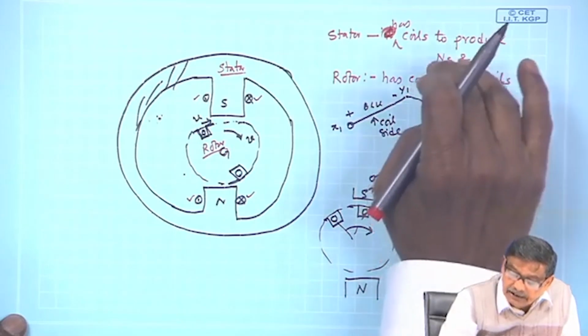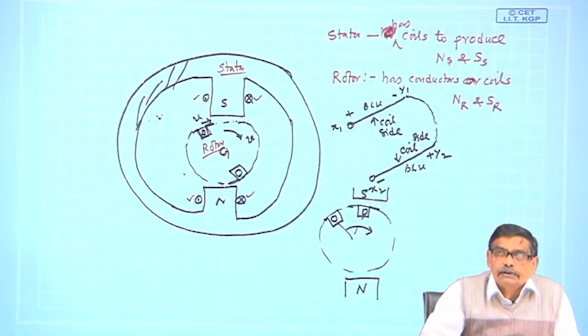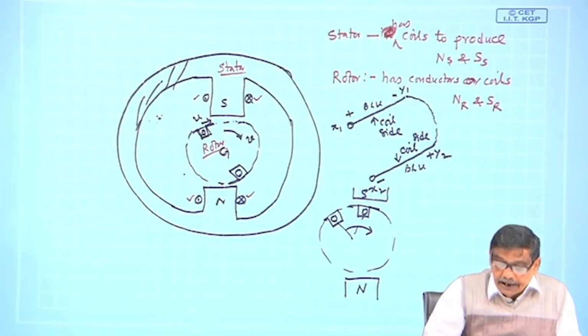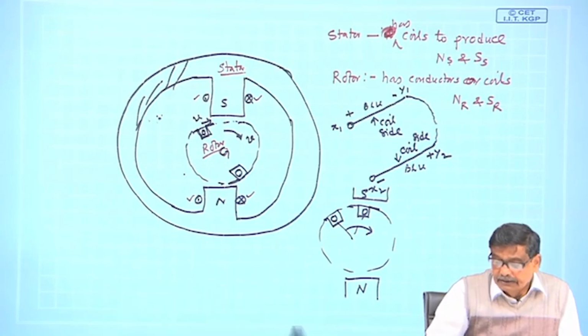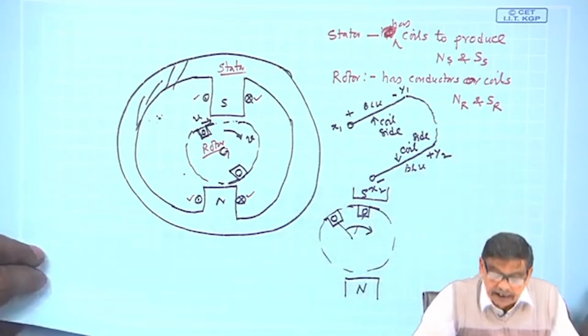And it is these two sets of magnets which will interact to produce electromagnetic torque. Anyway, I stop here, then in the next class I will continue with this. Thank you.